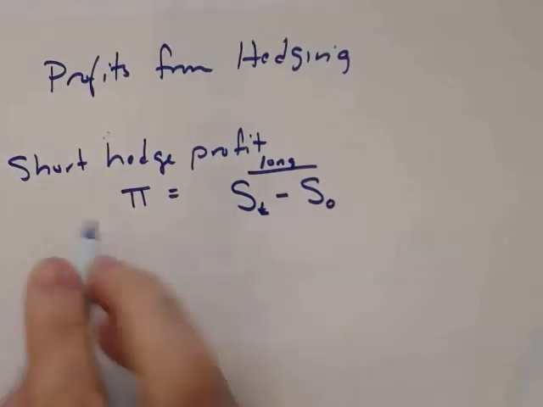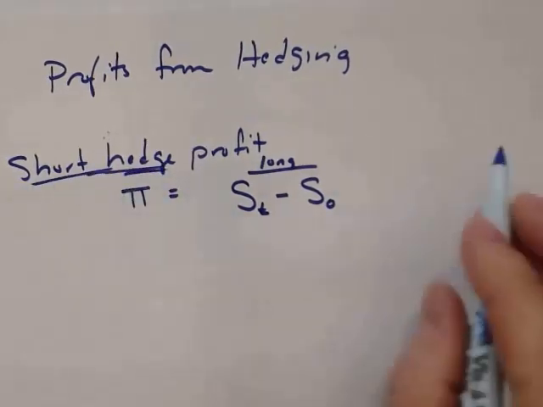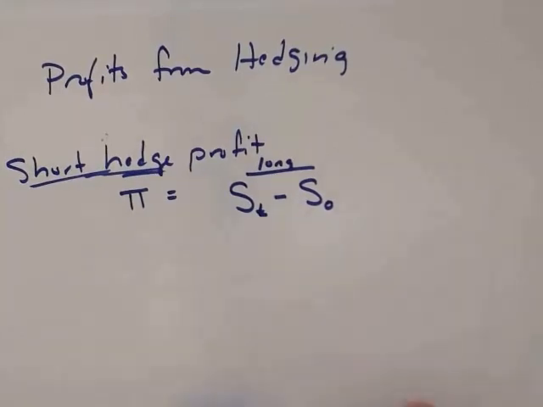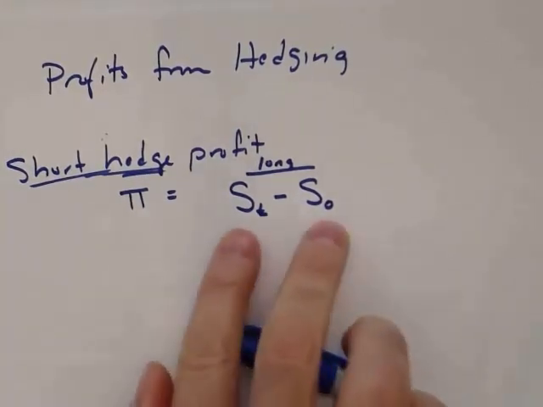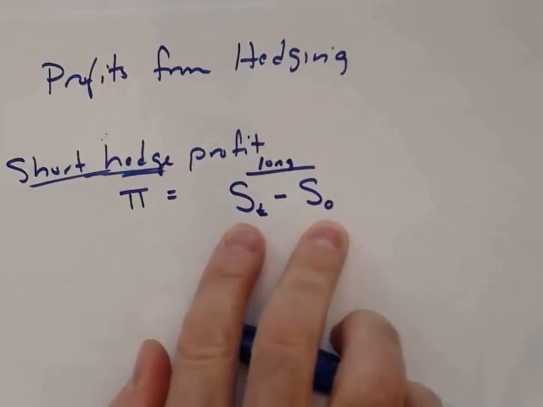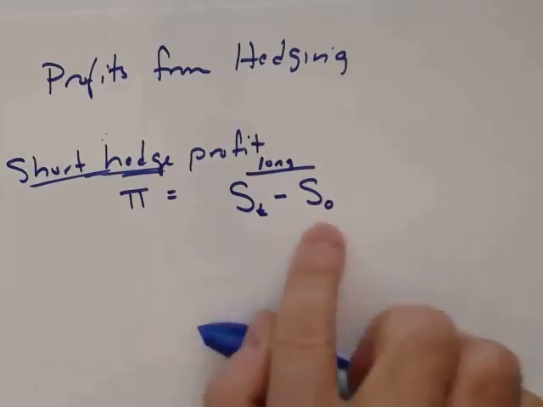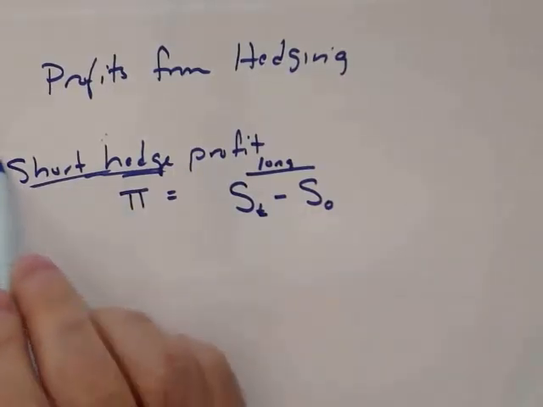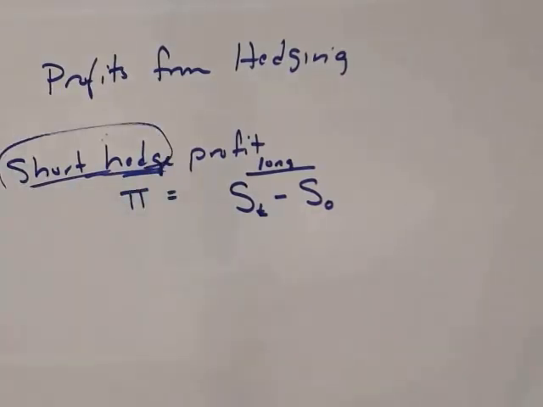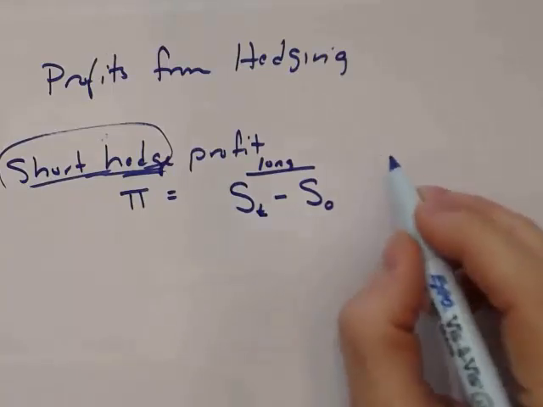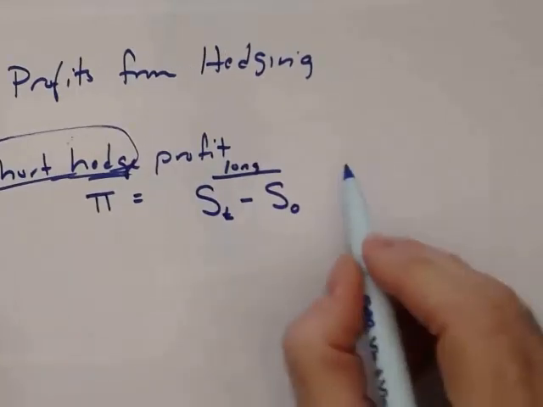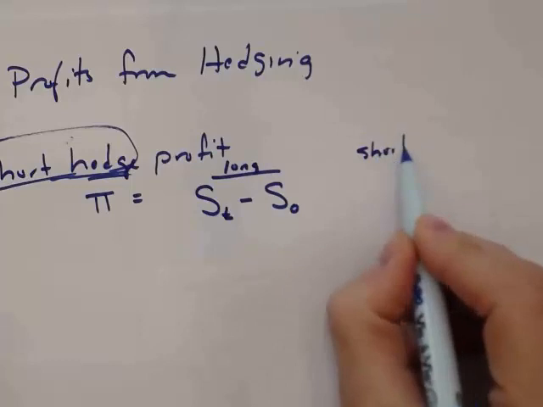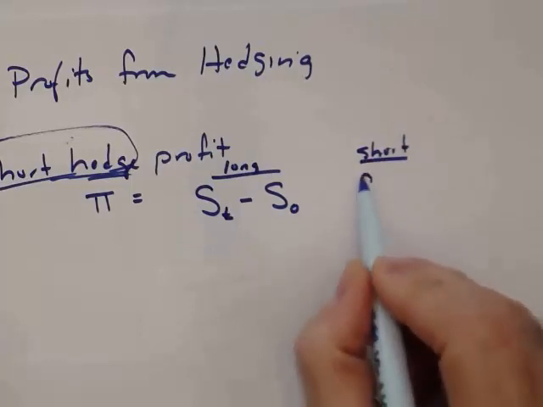Now we're looking at a short hedge profit. So normally when you're not hedging at all, this is how businesses make profits. They get this gain in their underlying spot. But now we're talking about short hedging. And the way the textbook defines it, the short hedge refers to the futures position.